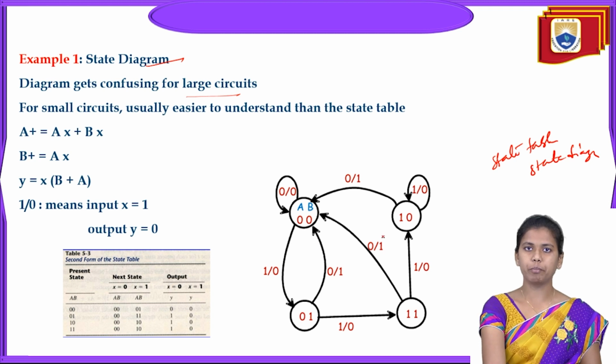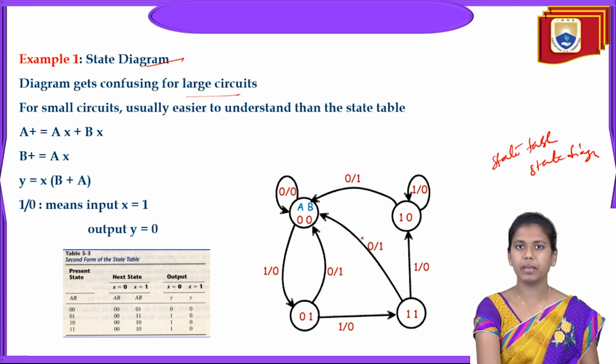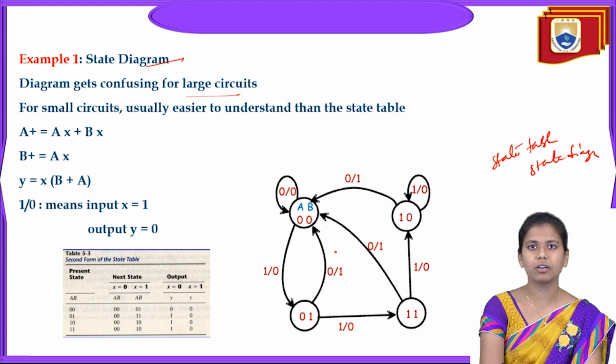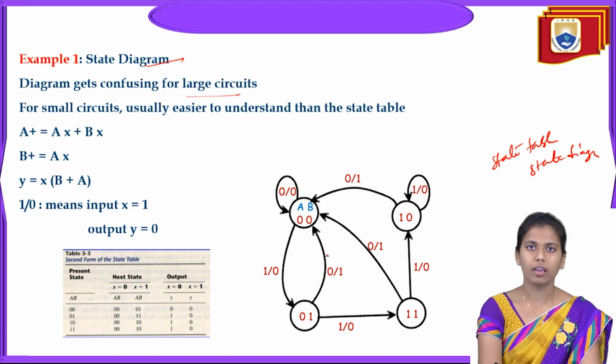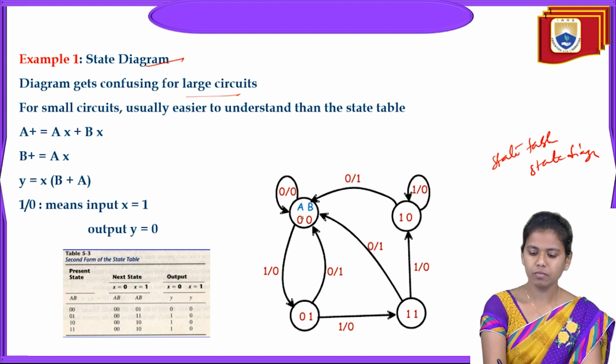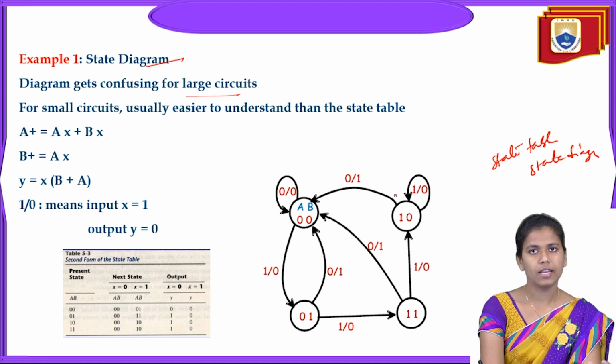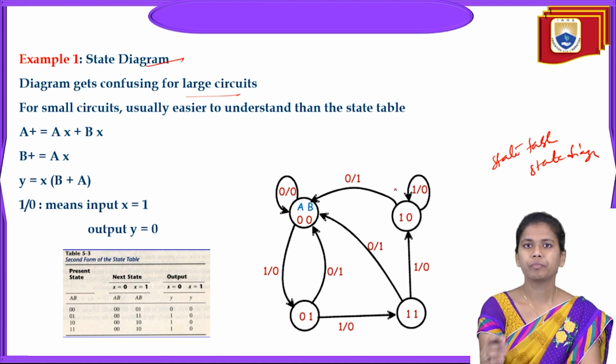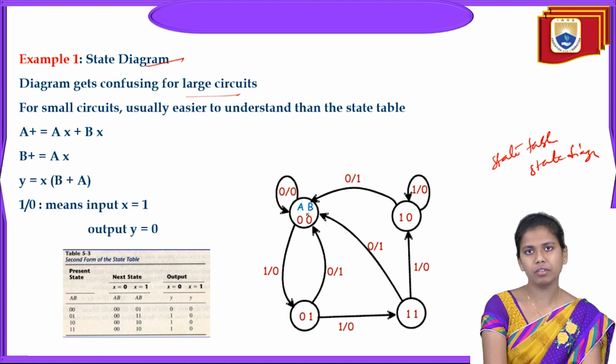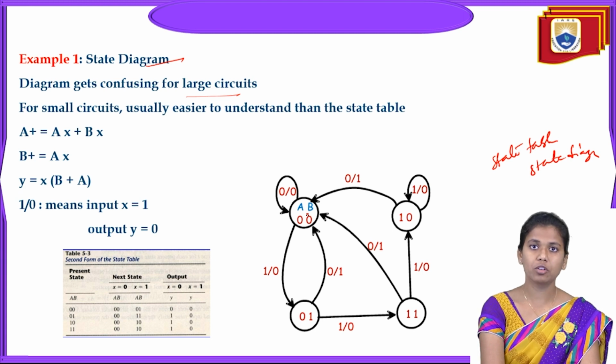This is a simple example that I am considering, but when you are designing complex circuits, the diagram would be more complex. For small modules, representing it diagrammatically is very easy, but for complex circuits, the diagram is a bit difficult to analyze and understand.